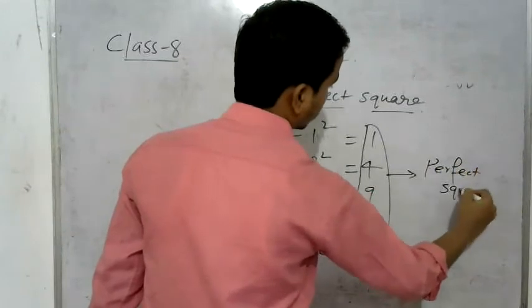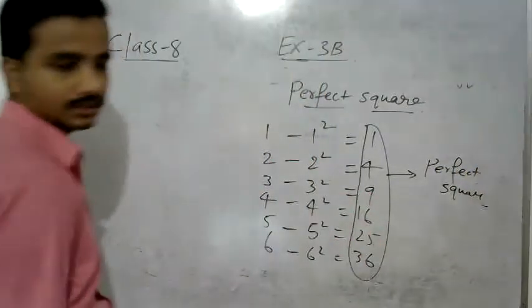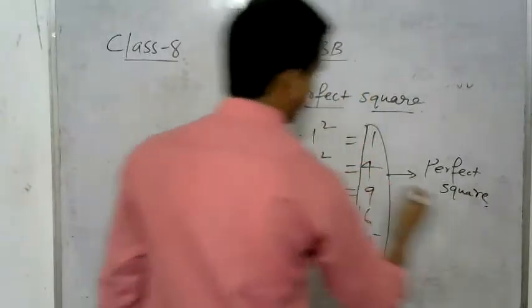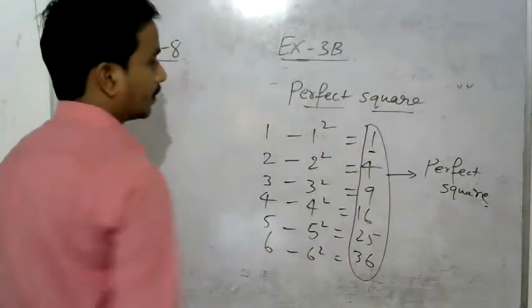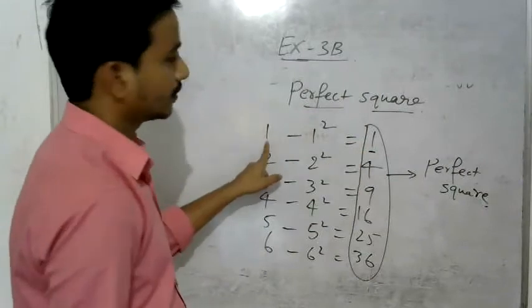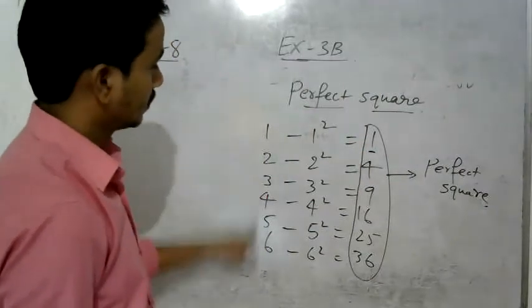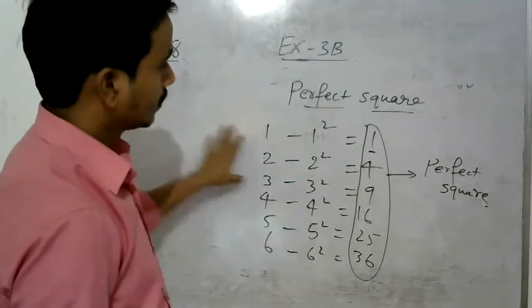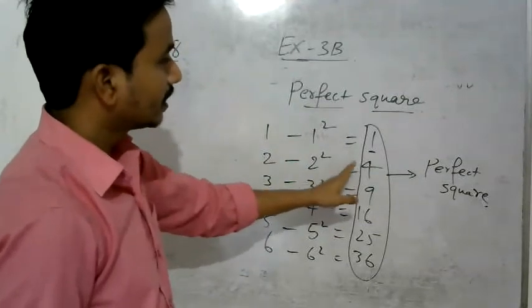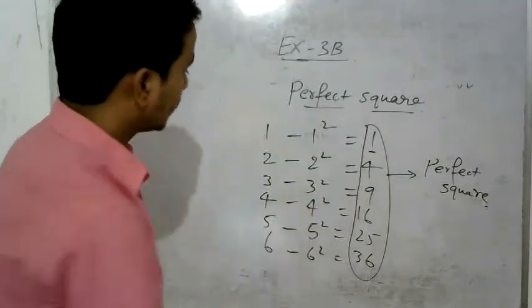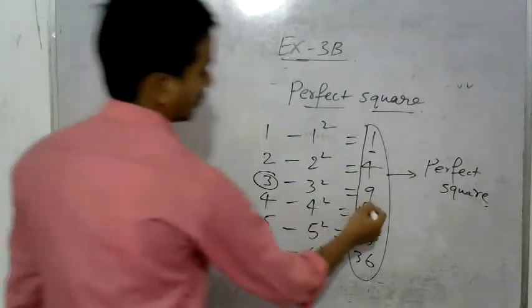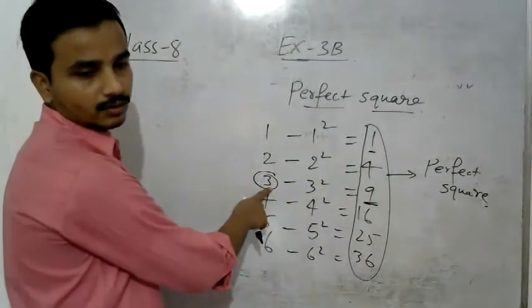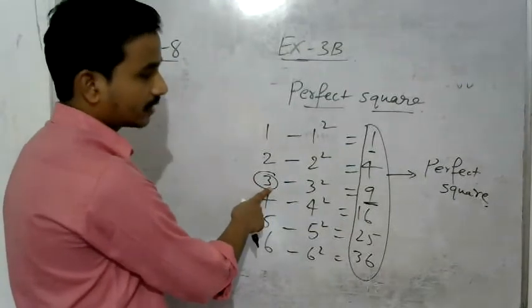So how do we define a perfect square? A perfect square is a number which is the square of some natural number. A number is said to be a perfect square if it is the square of some other natural number.